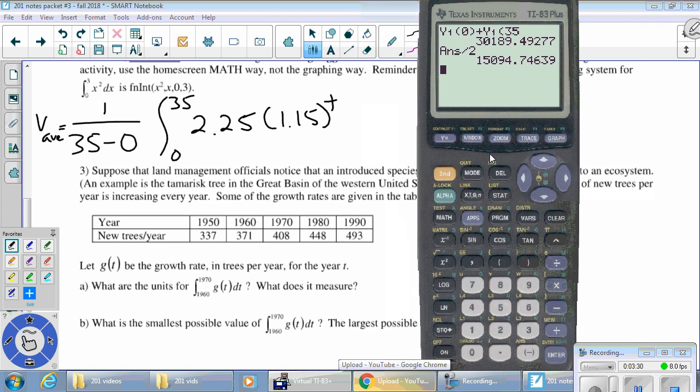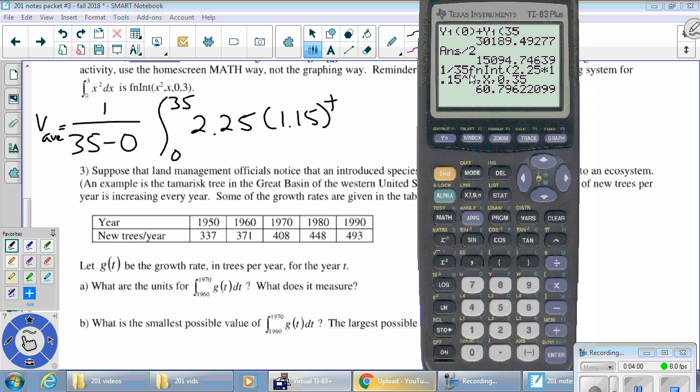Okay, here we go. So I'm going to do 1 divided by 35, and then I'm going to multiply by the integral right here, math 9, 2.25 times 1.15 to the x, comma, bottom number, comma, top number. All right, so the average value, what is that? That is not what I was expecting.